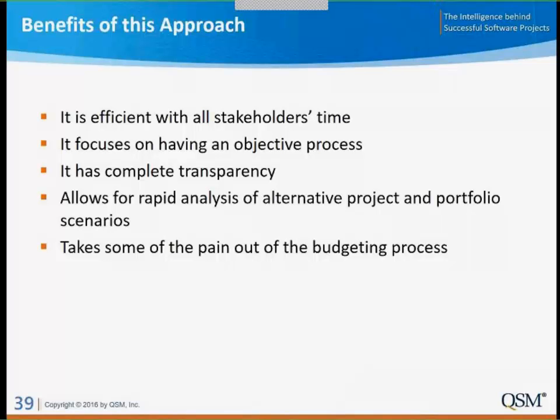It makes the whole process really efficient on the stakeholders' time. They're providing normal information that's part of their existing business process. We're looking at their scope statements, their business requirements, their use cases, whatever it is. We're then put in a position where everyone agrees on scope. Now we're looking at what can we accomplish time and effort-wise, staying within our trends, and trying to keep this as objective as possible.